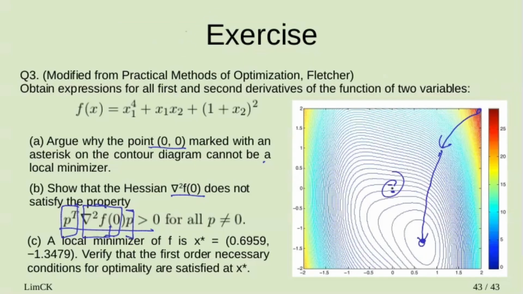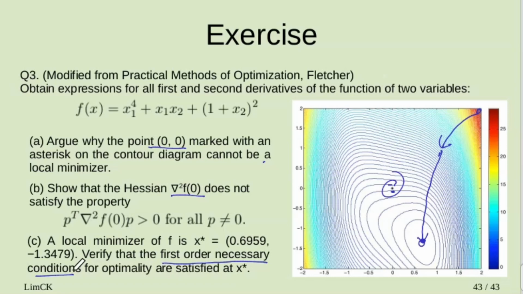Third, part C. A local minimizer of f is this point. Verify that the first order necessary condition of optimality is satisfied at this point. What is the first order necessary condition?